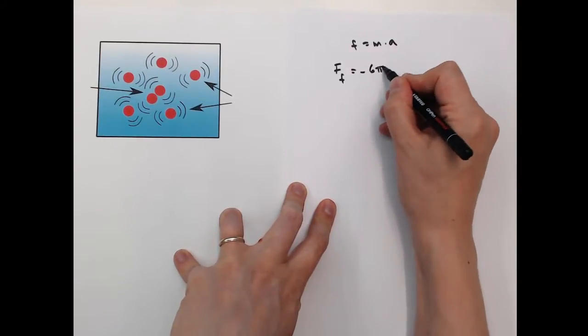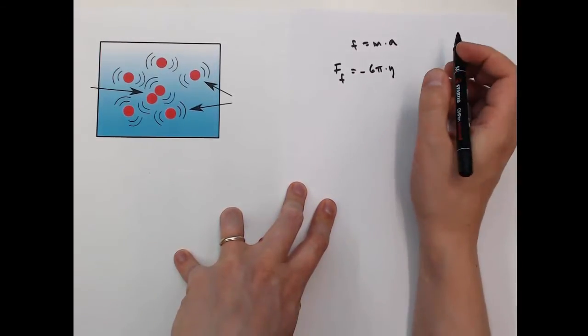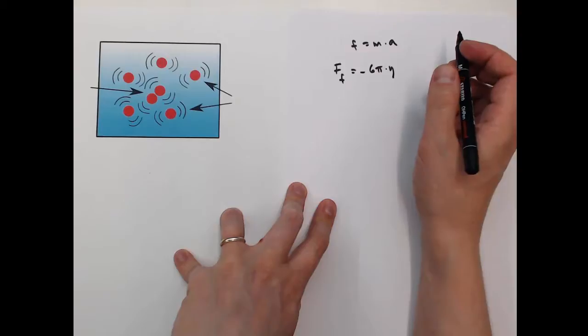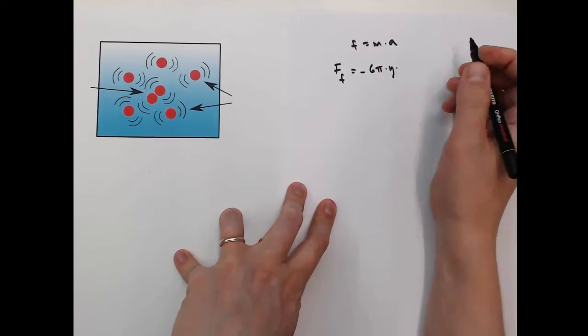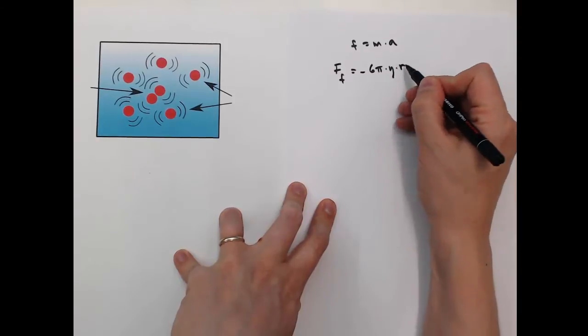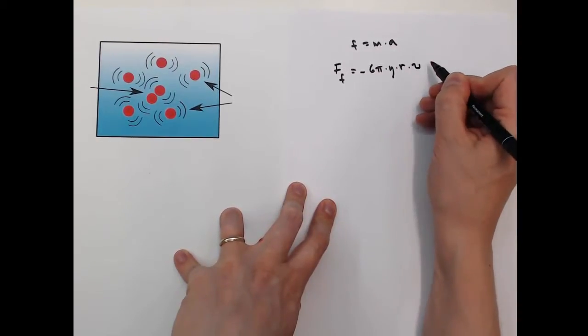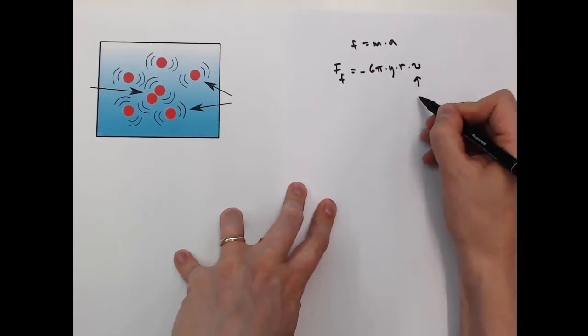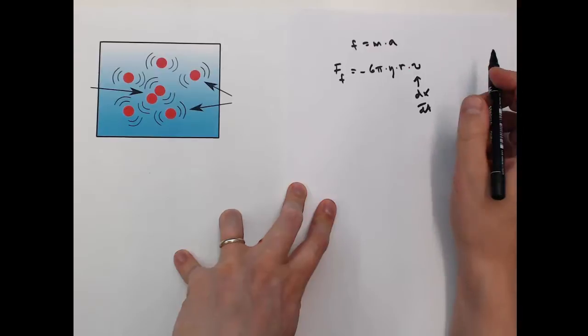So it's 6 pi, a constant eta, which is actually the viscosity of the liquid, times the radius of the particles, and then times the velocity. And of course the velocity is just the derivative of the particle motion.